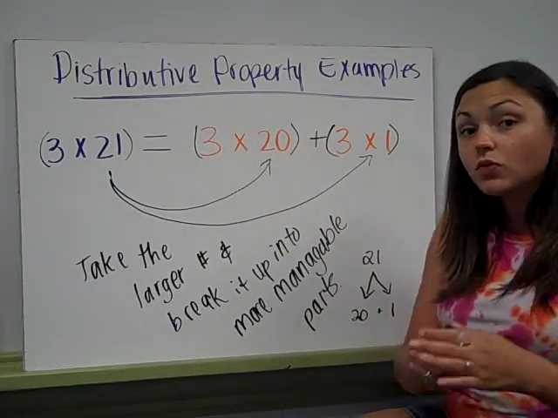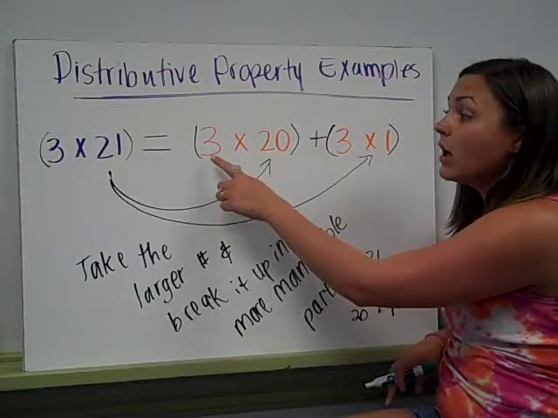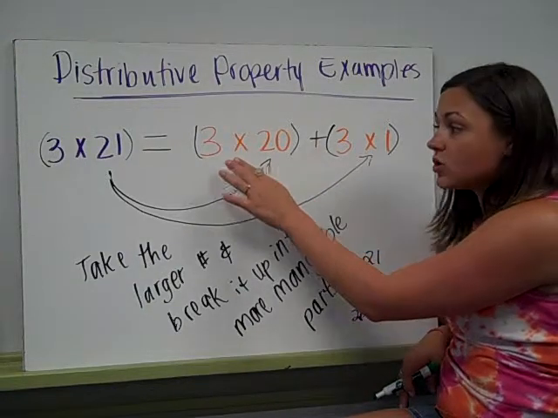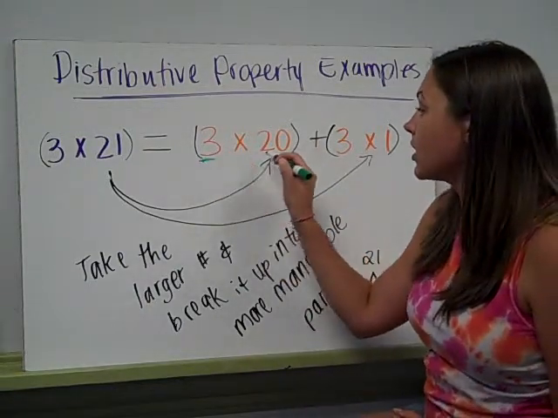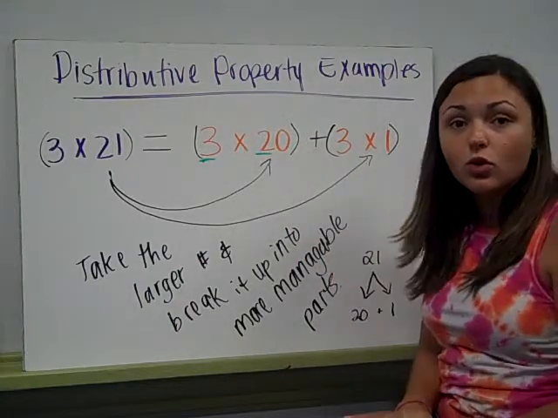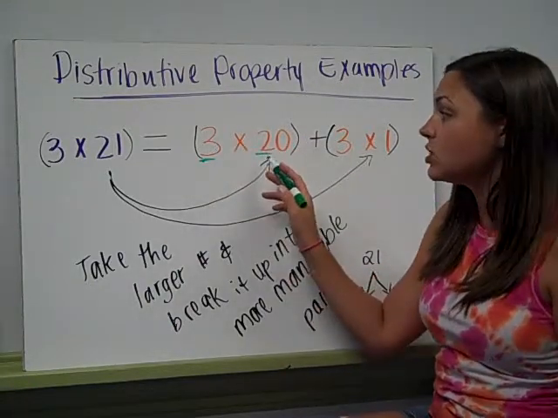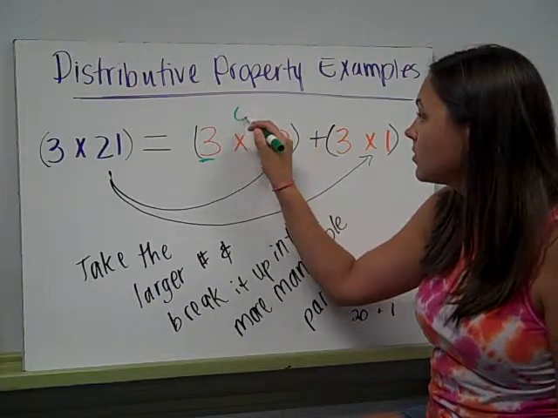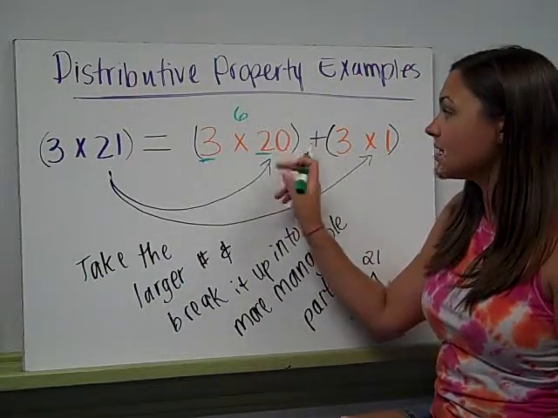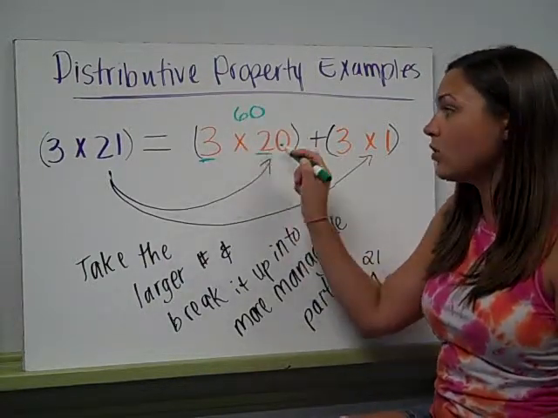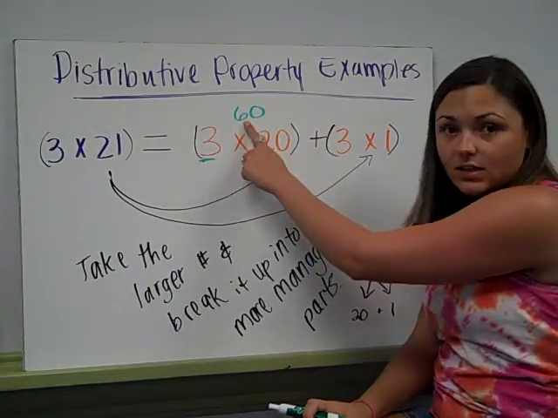Now, as you know, we've gone over it before. When you multiply anything with the 0 and the 1s, you can multiply by the 3 and the 2, and then you can add the 0 back to it. So 3 times 2 is 6, and I'm going to add that 0 right to the end. So 3 groups of 20 equals 60.